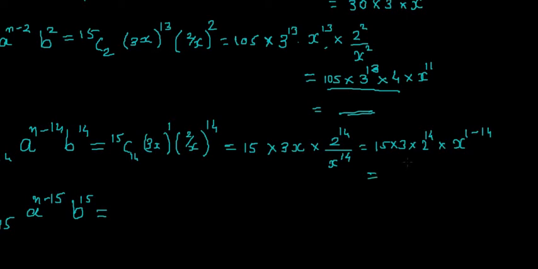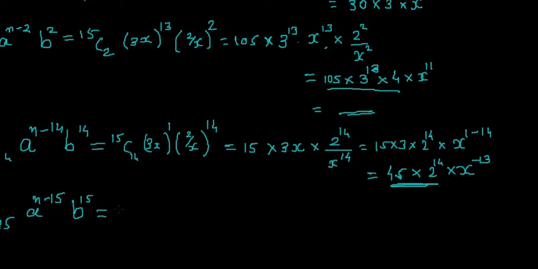Now this, a little further, if you want, you can simplify using your calculator: 45 into 2 raised to 14 into x raised to minus 13. This can be worked out using a calculator, and this will be the required second last term in the expansion.